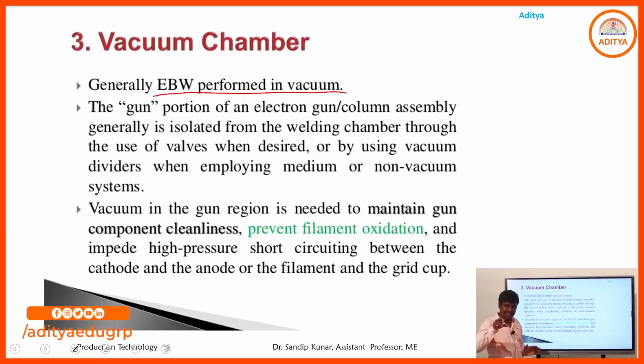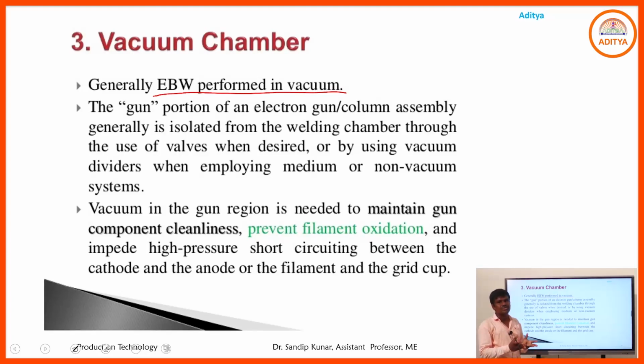If air particles remain in the vacuum chamber, the electron beams collide with the air particles, and due to that collision the velocity of the electron beam is reduced. Due to this reduction, the electron beam will not properly strike the workpiece and takes more time to heat the workpiece material.